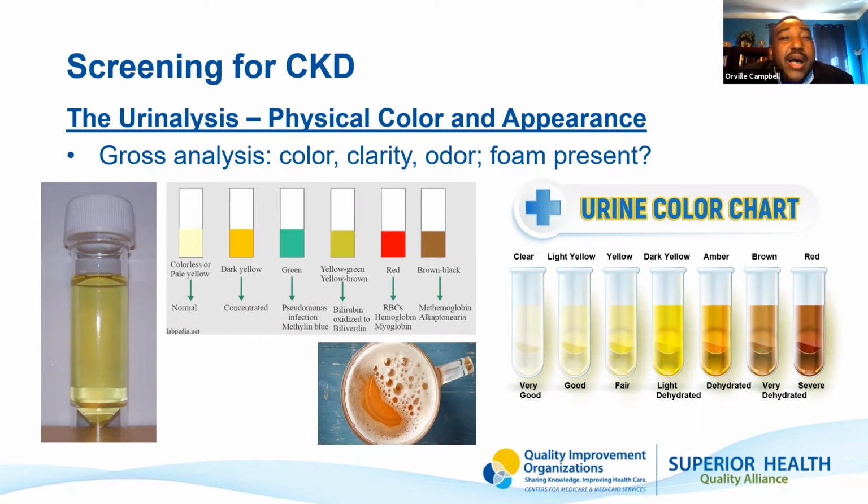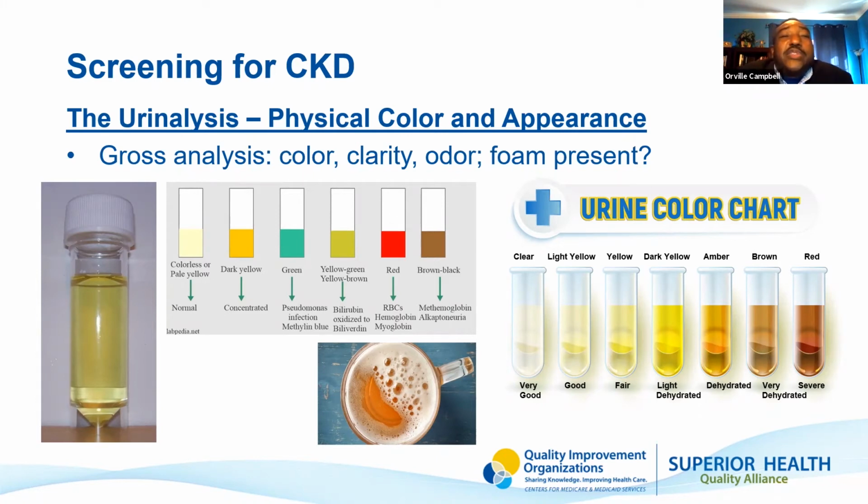Dark yellow usually means the urine is concentrated. Things like bilirubin in the urine will make it yellow, and other chemicals or waste products in the urine will discolor it. Green may indicate a bacterial infection.